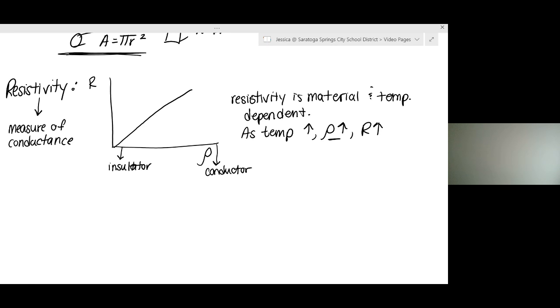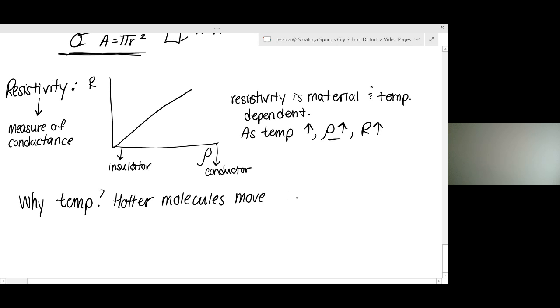Now, you might be thinking, why does temperature affect the resistivity and therefore the resistance? Well, if you think back to last year in chemistry, you might remember that something interesting happens when you heat up the molecules of a substance. When you heat up molecules of a substance, the molecules move more, right? So hotter molecules move more.